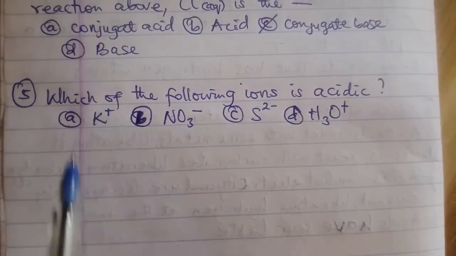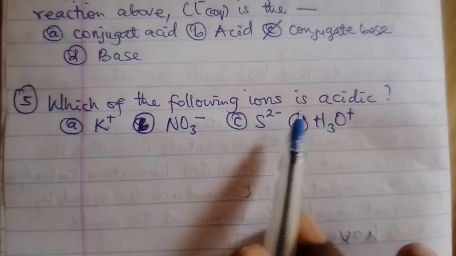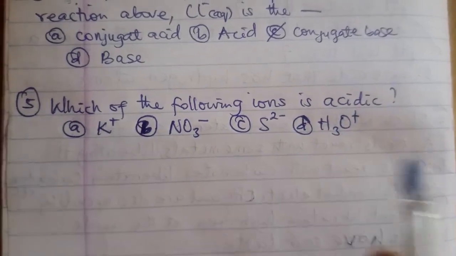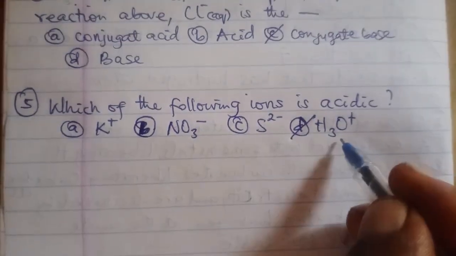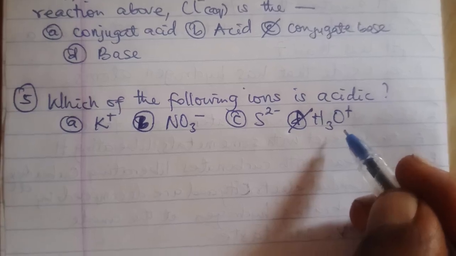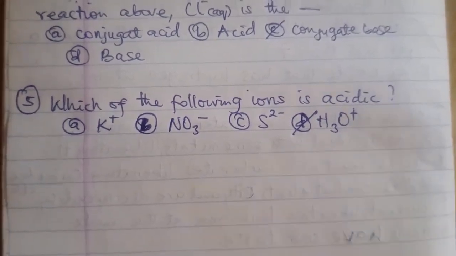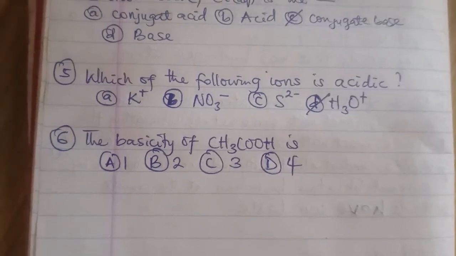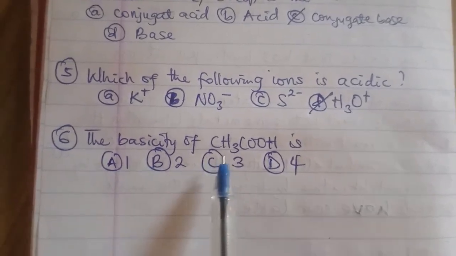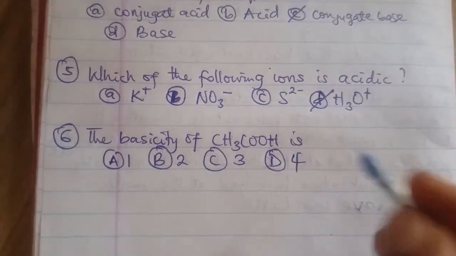The next question says, which of the following ions is acidic? So from here, this is acidic. The reason is because an acidic ion is one that can donate a proton. The next question says, the basicity of acetic acid is dash.